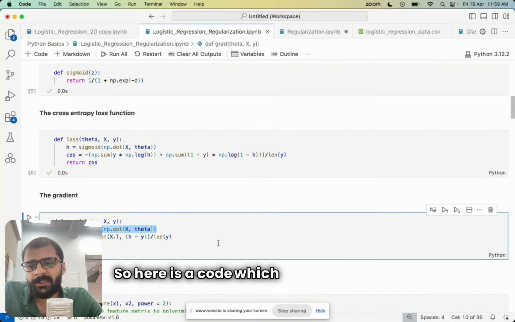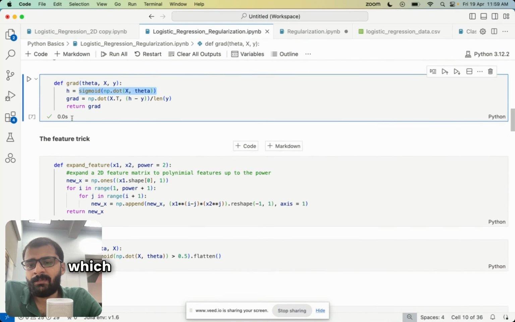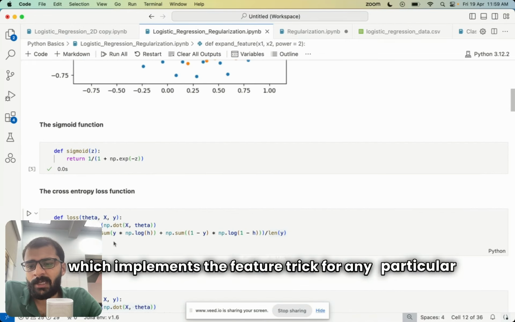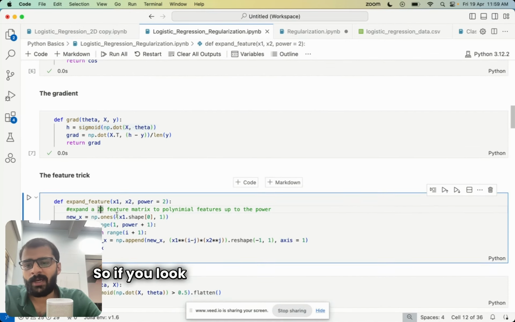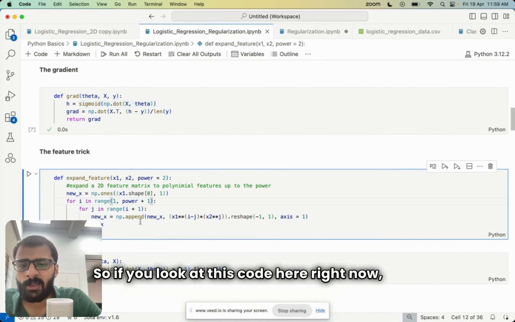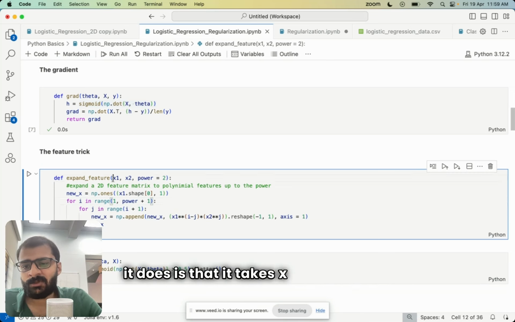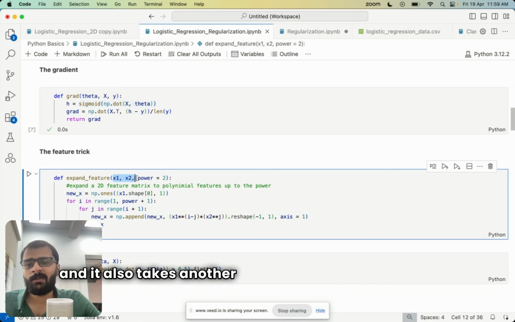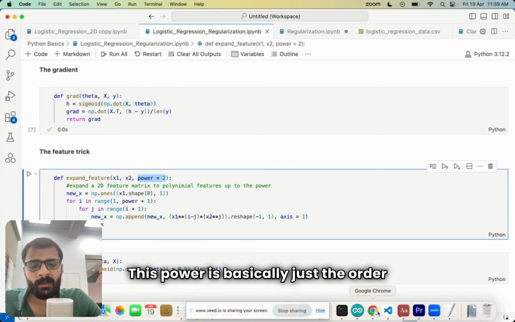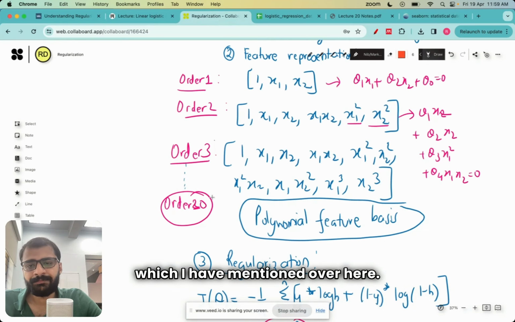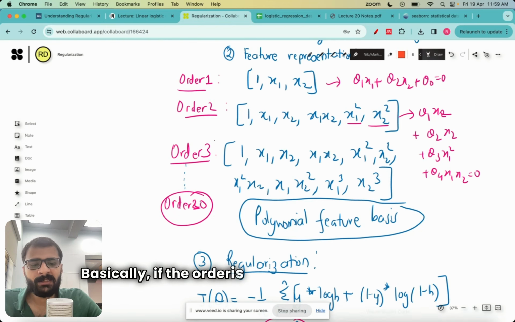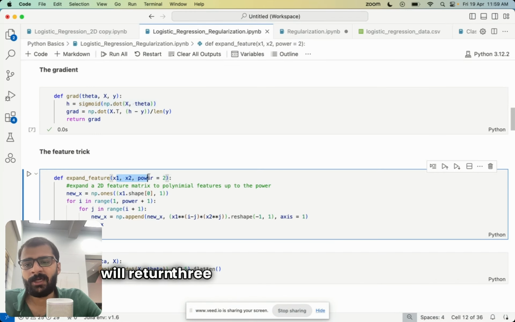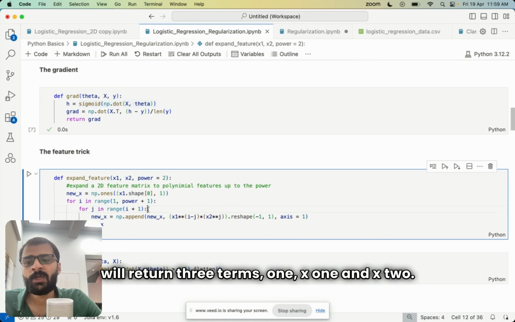So here is a code which has been written, which implements the feature trick for any particular order. If you look at this code, it takes x1 and x2, and it also takes another parameter which is the power. This power is basically just the order which I have mentioned over here. If the order is equal to 1, this function will return three terms, 1, x1 and x2.